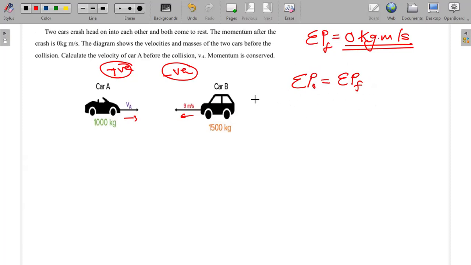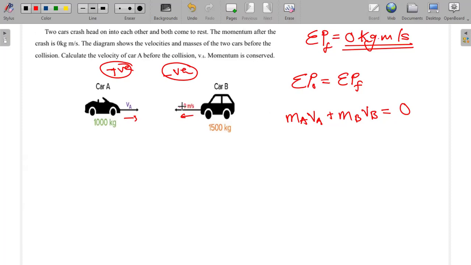So we know that momentum is equal to mass multiplied by velocity. We have two masses: mass A for car A and mass B for car B. So I'm just going to write that directly. We'll say mass A times velocity A plus mass B multiplied by velocity B will be equal to 0, since they've told us that after the crash the momentum is equal to 0 because there is no velocity after the crash has taken place.